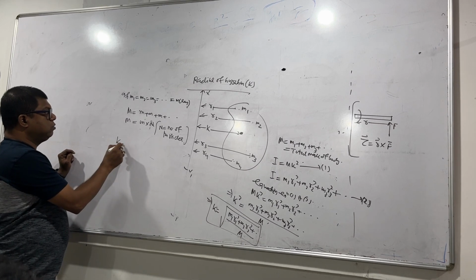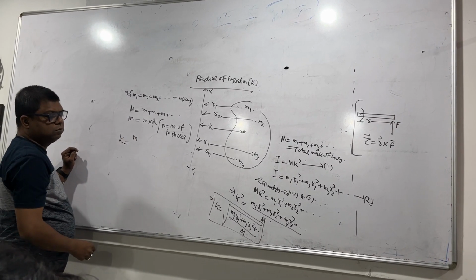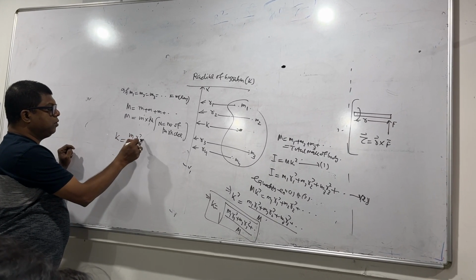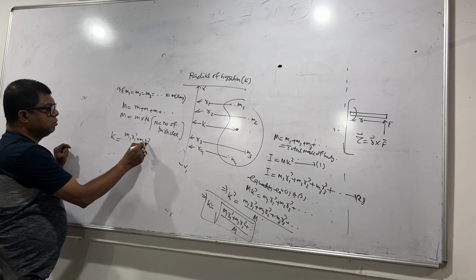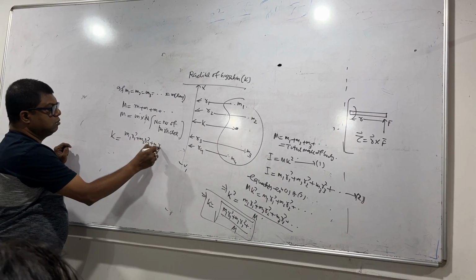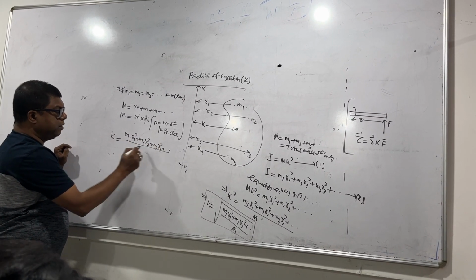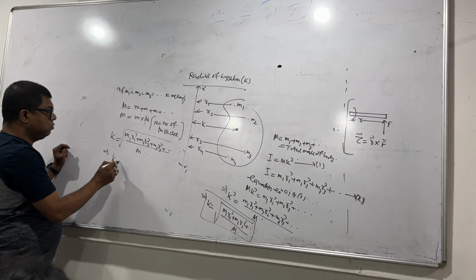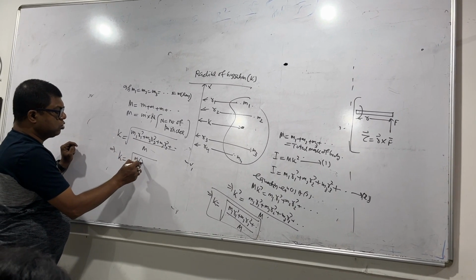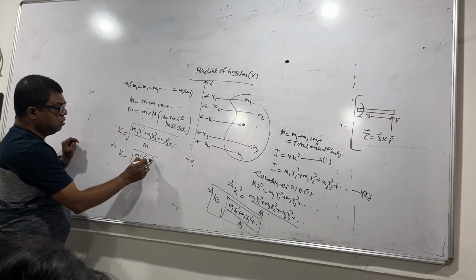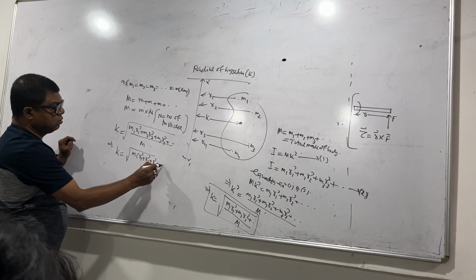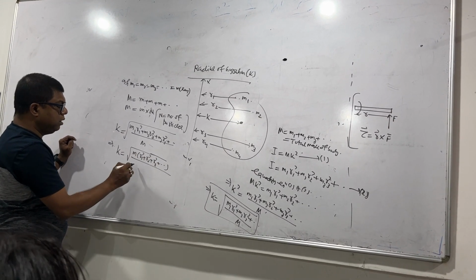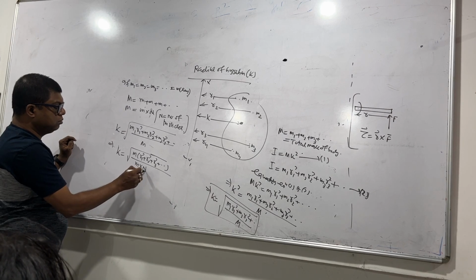So k is equal to the root of m1 r1 squared plus m2 r2 squared plus m3 r3 squared divided by capital M. So k is equal to the root of m into (r1 squared plus r2 squared plus r3 squared) divided by capital M, which is equal to small m into n.